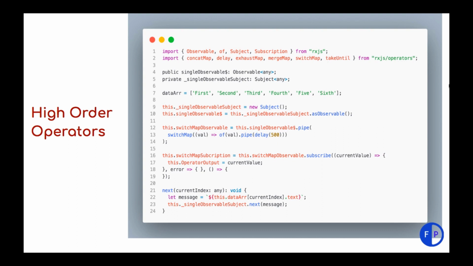Line number 9 and 10 is initializing a subject and converting that subject into an observable that you can put into ngOnInit or in other libraries or frameworks. Line number 12 to 14 is applying the pipe and using the switchMap, which will actually change the behavior of the observable.